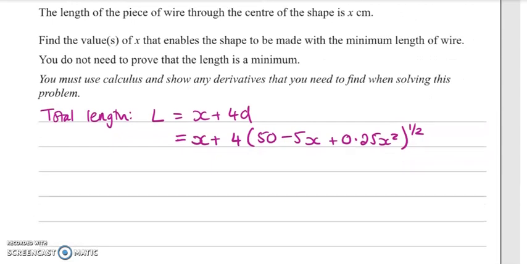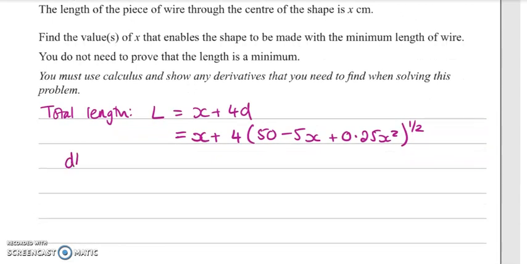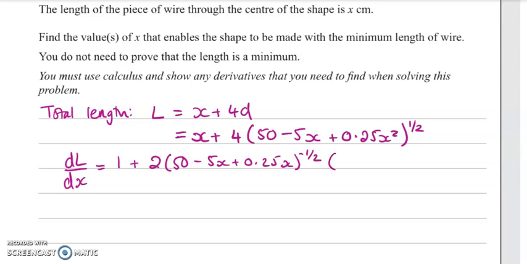Now, if we're finding a minimum, then we want to do dL by dx. So if we differentiate that, we get 1 for the x, and then we need to differentiate this bracket using the chain rule, so that will be 2, 50 minus 5x plus 0.25x squared to the power of minus a half, times by the derivative of the inside, which is minus 5 plus 0.5x.